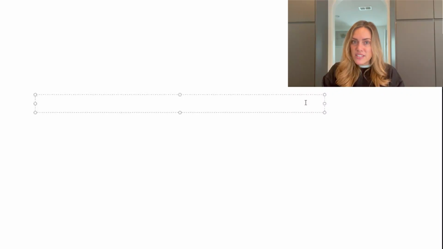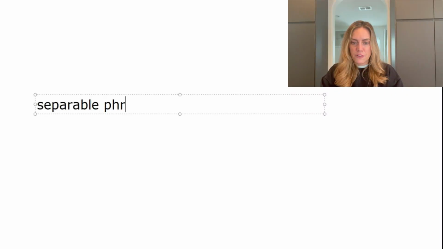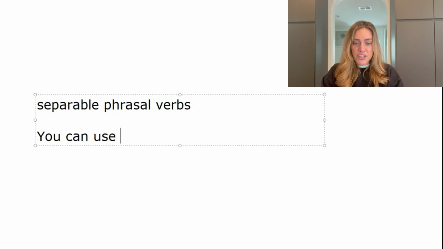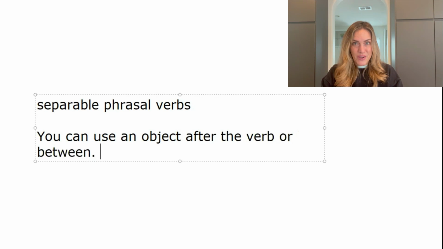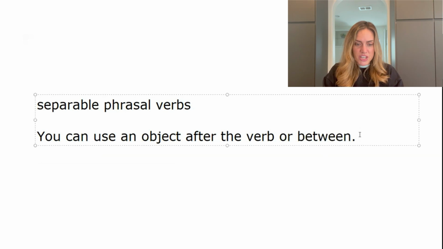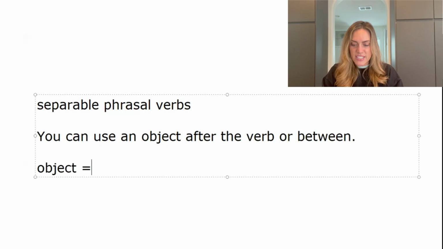Now, with separable phrasal verbs, okay, you can use an object after the verb, right? Or between, okay? Now, remember what an object is. An object is a noun or a pronoun.